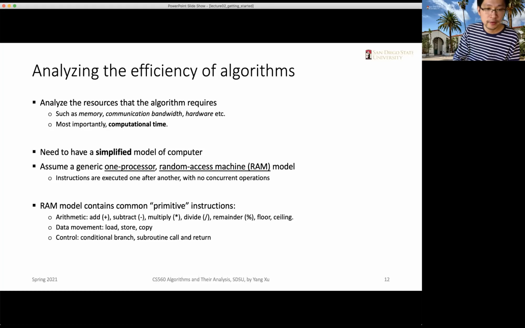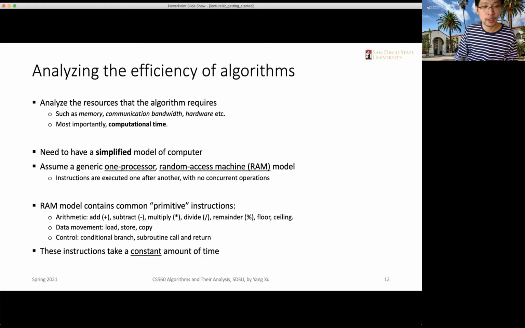All these are primitive instructions, which means they cost a constant amount of time. Also, their costs are acceptable, not an insane amount of time.